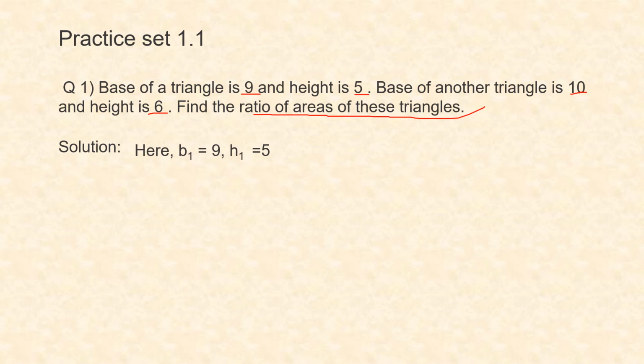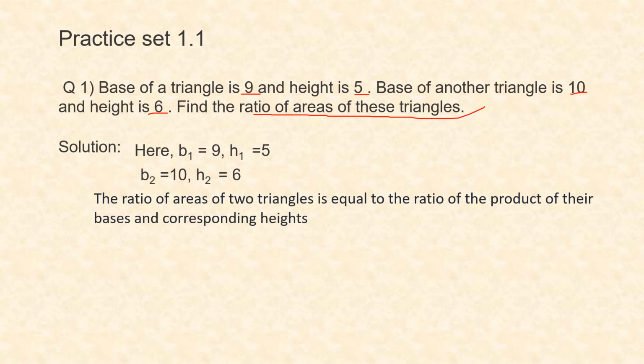Here B1 is 9 and H1 is 5. B2, the base of the other triangle, is 10 and H2 is 6, given. The ratio of areas of two triangles is equal to the ratio of the product of their bases and corresponding heights.